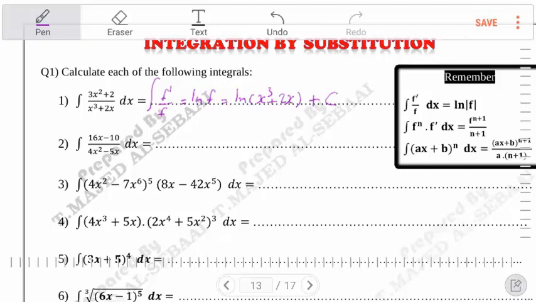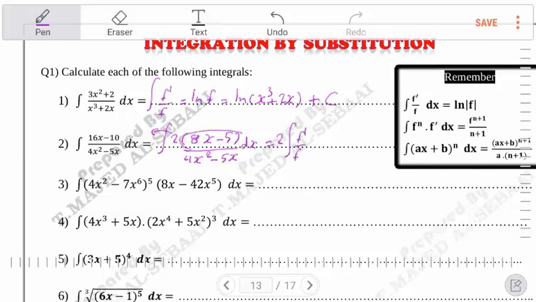Okay, the next question can be written like 2 times 8x minus 5 over 4x squared minus 5x, dx. This 2 will be out. Now it is integration of f dash over f. Why?